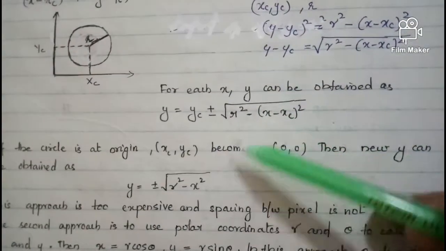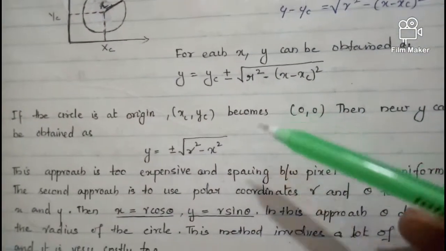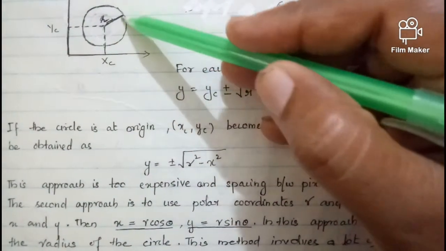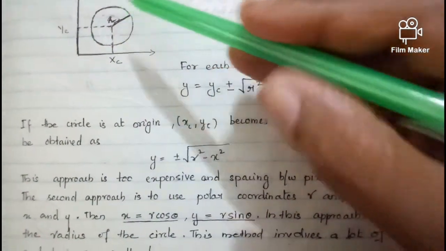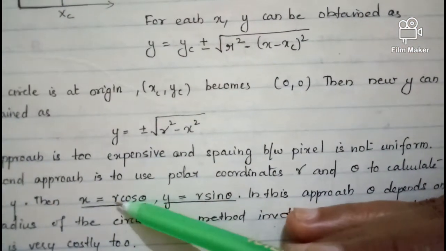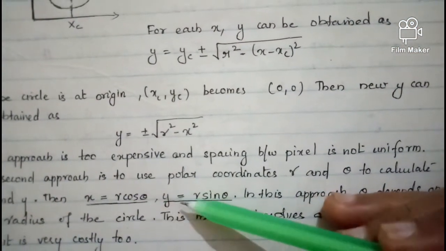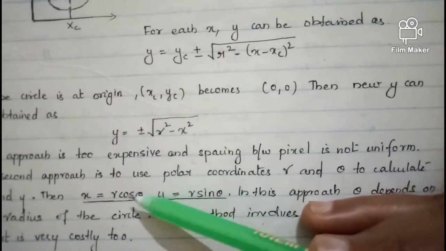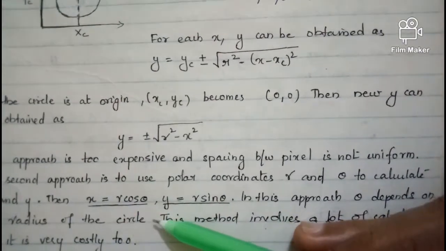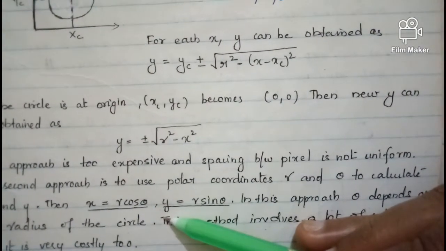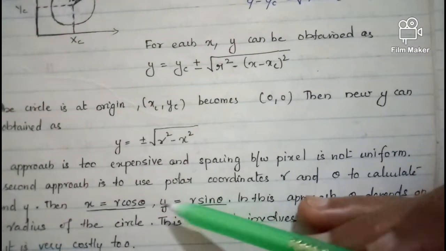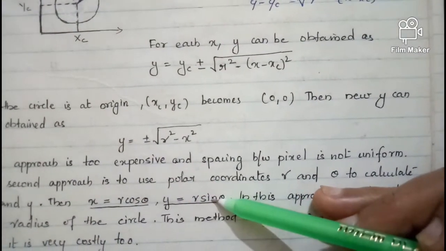Because of the difficulty in using these equations, another method was suggested where the x, y positions on the circumference were calculated using the equations x is equal to r cos theta and y is equal to r sin theta. These were the two equations used to find the values of x and y on the circumference of the circle, where we require the value of radius and the values of cos theta and sin theta.